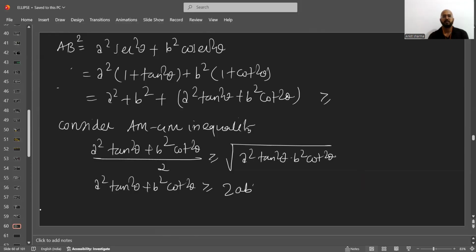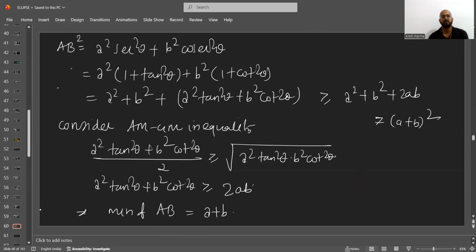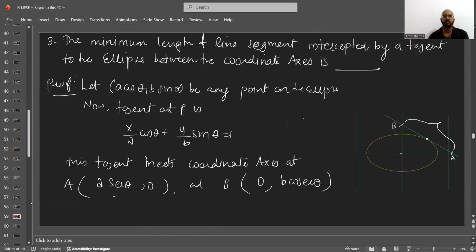That means I can write this quantity as a square plus b square plus 2ab, which is equal to a plus b the whole square. So that means the minimum of AB is nothing but a plus b. So this is the minimum length which is going to be intercepted between the coordinate axes.